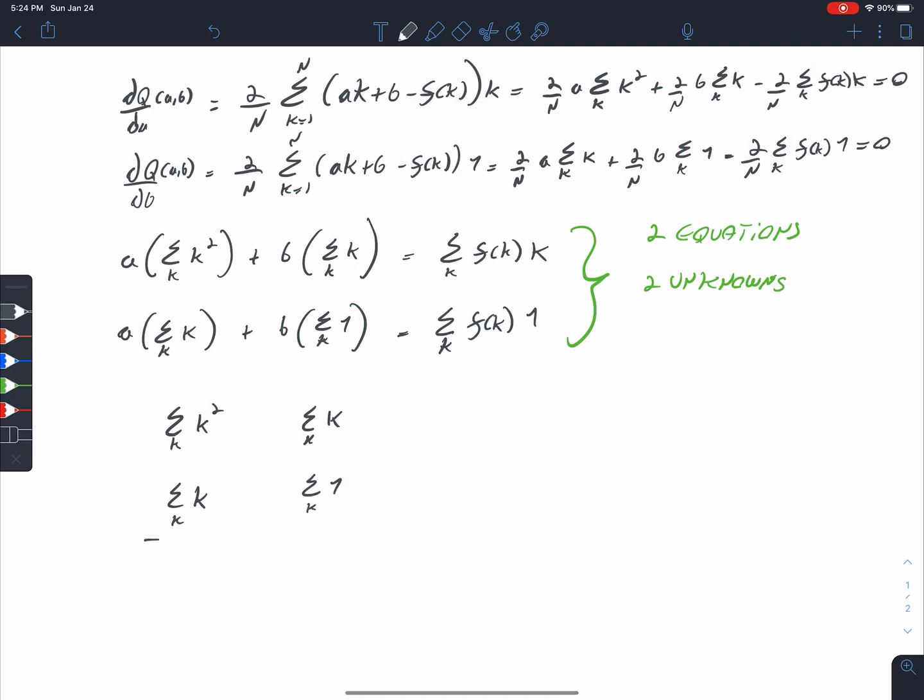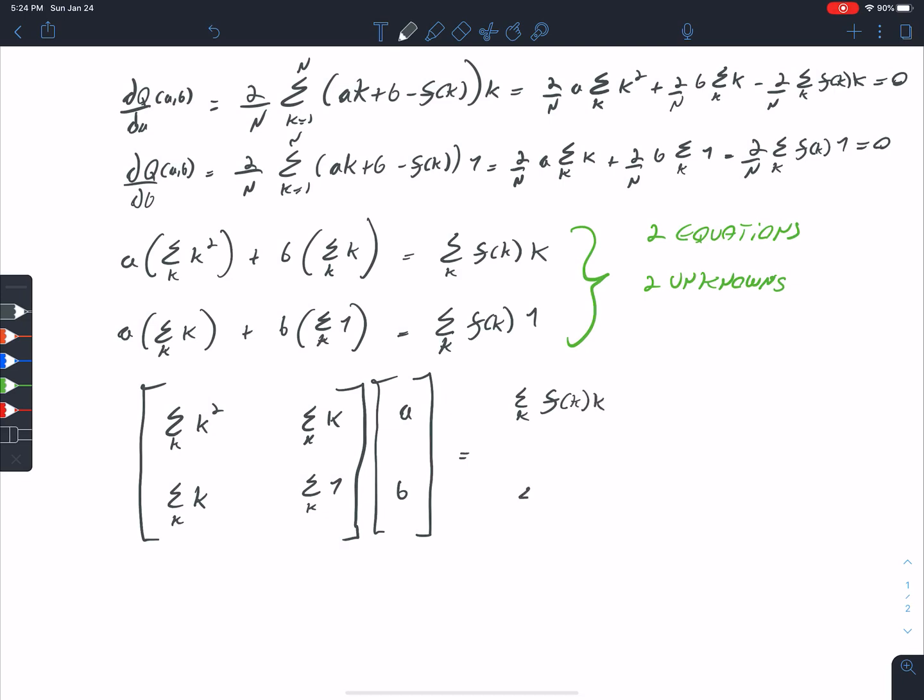So this is our matrix A. My vector of unknowns here is a, b, and this is going to be equal to the vector on the right hand side, which will be sum over k fk times k, and sum over k fk times 1.